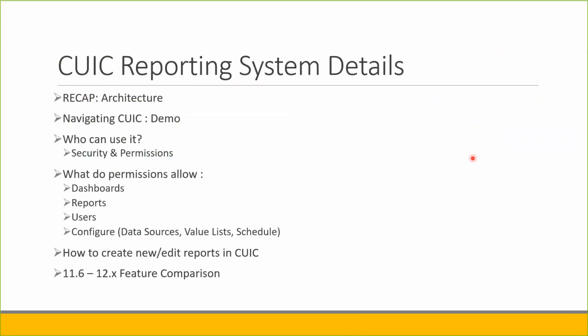So back to the recap. Last week we talked about CUIC architecture, mainly focusing on the fact that CUIC is driven by the UCCX architecture. UCCX being the communications platform that allows for the distribution of CSQs, CSQ calls or ACD calls to skilled resources.